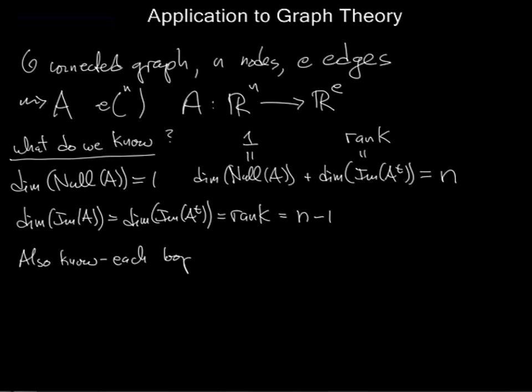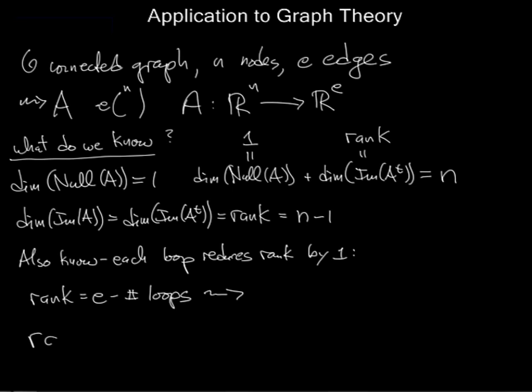And also from our discussion, the business about the loops reducing the rank is that I know that the rank is E minus the number of loops. So what I conclude is that the rank is E minus the number of loops, but it's also n minus 1.